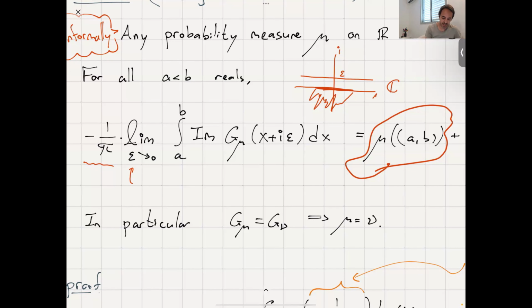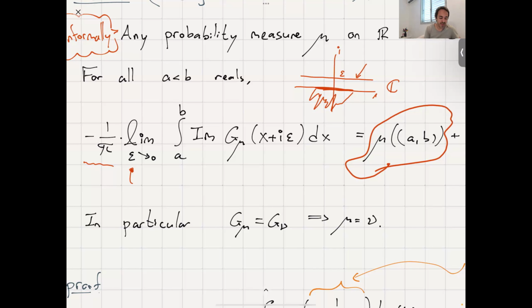This line, which is parallel to the real axis, is fine. You can evaluate G mu on that line, because the poles of G mu are only on the real line, if any. So what you do is the following: for the small epsilon that I'm fixing, I'm integrating from A to B, the A and B that I want to figure out the measure on.